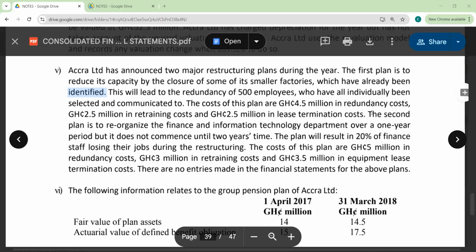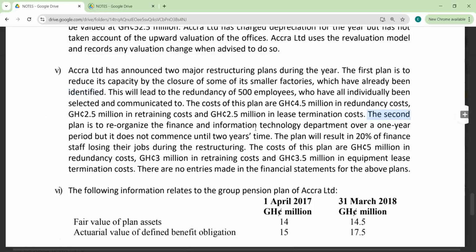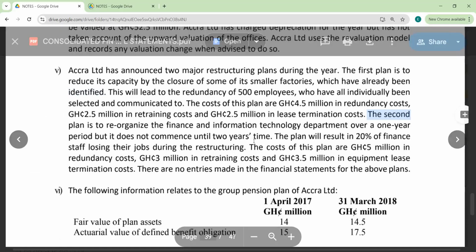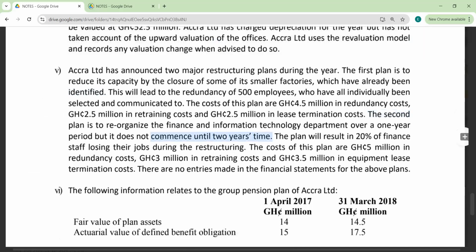He said that the second plan is to reorganize the finance and information technology department over a 1-year period, but it does not commence until 2 years' time. What do we do? Do nothing. The plan will result in 20% of finance staff losing their job.